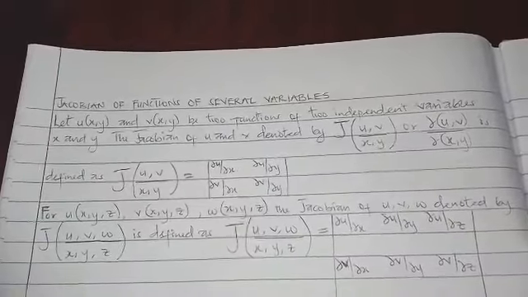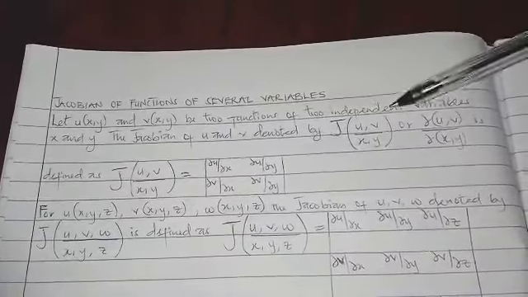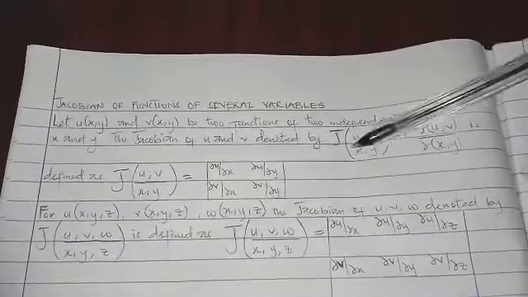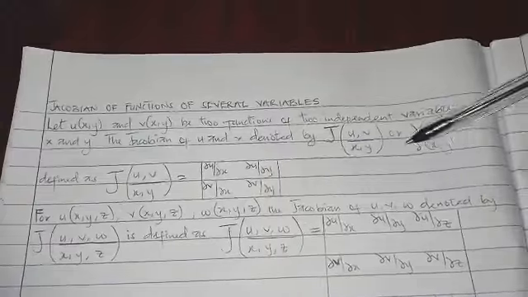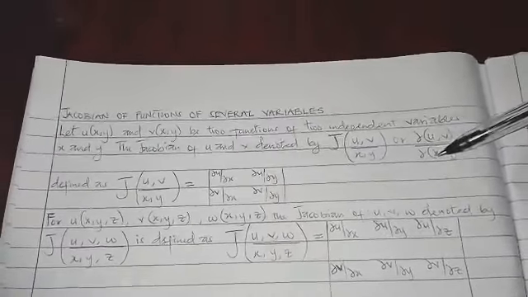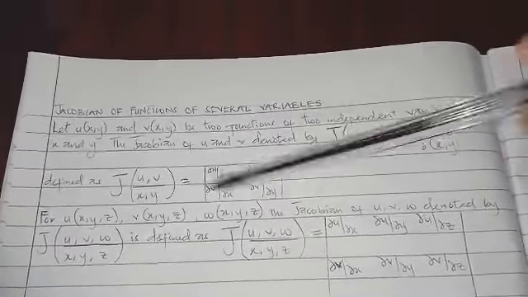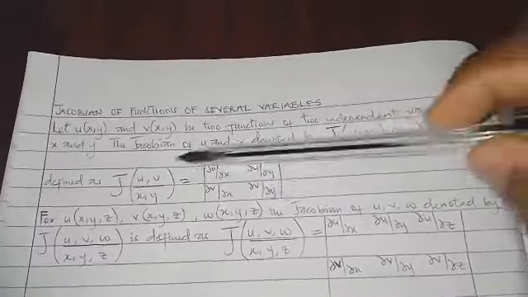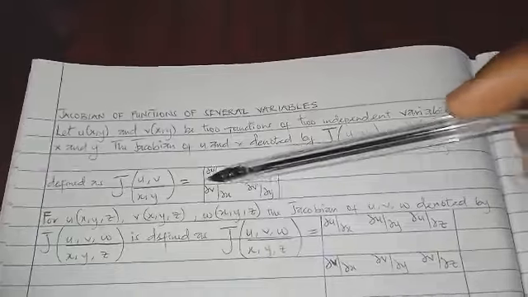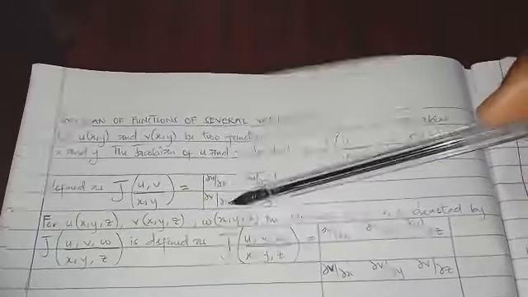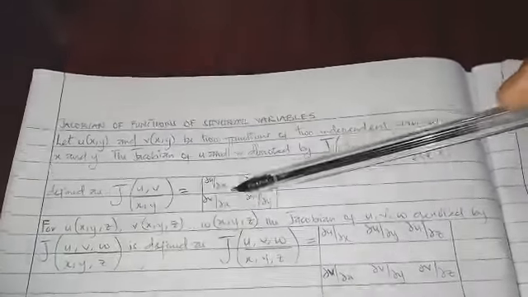The Jacobian of u and v, denoted by J(u,v)/(x,y) or partial (u,v) over partial (x,y), is defined by the determinant: partial u over partial x, partial u over partial y, partial v over partial x, partial v over partial y.